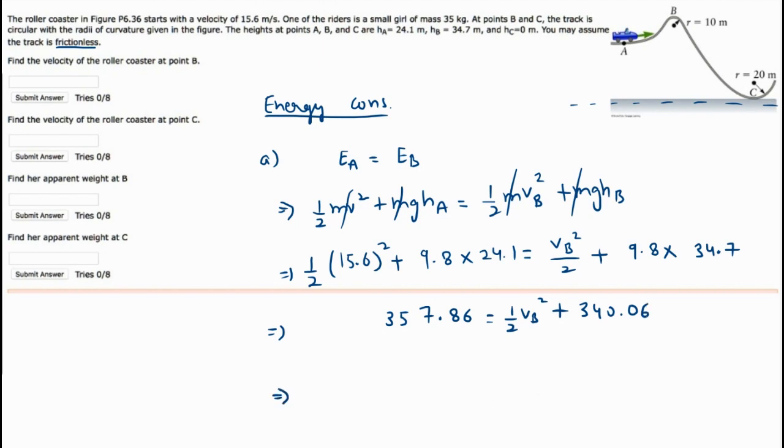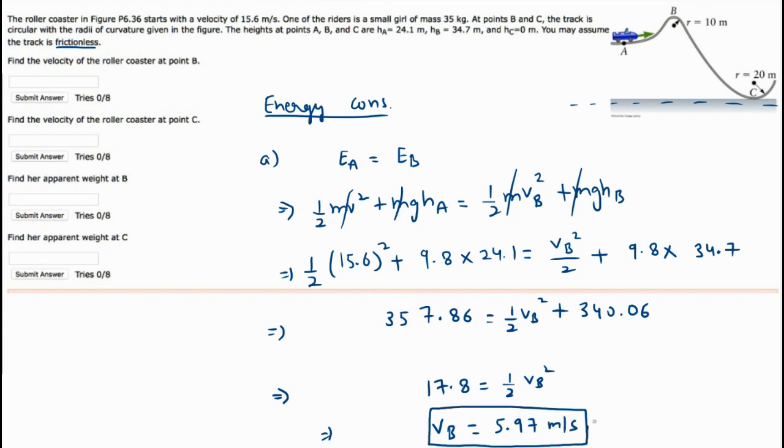If we subtract 340.06 from both sides, we get 17.8, which is half v_B whole square. Taking the square root on both sides, we get 5.97 meters per second. So that's the value of the velocity at B.